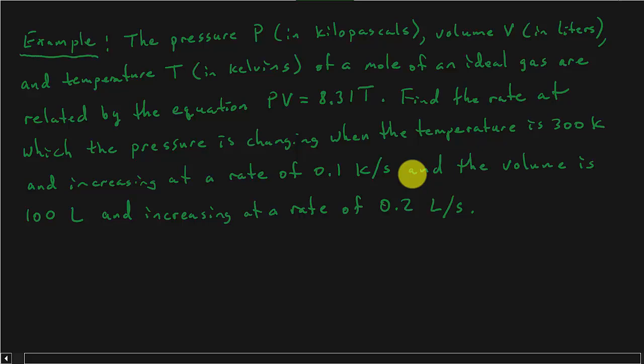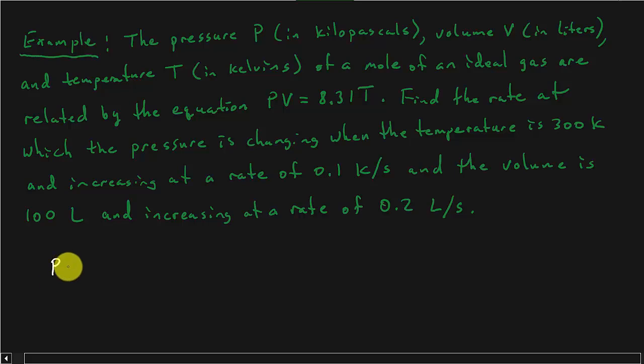It says the pressure P in kilopascals, the P is the pressure, volume V in liters, and temperature capital T in kelvins of a mole of an ideal gas are related by the equation PV is equal to 8.31 T. Find the rate at which the pressure is changing when the temperature is 300 Kelvin and increasing at a rate of 0.1 Kelvin per second, and the volume is 100 liters and increasing at a rate of 0.2 liters per second. All right, so let's just kind of write down what we have.